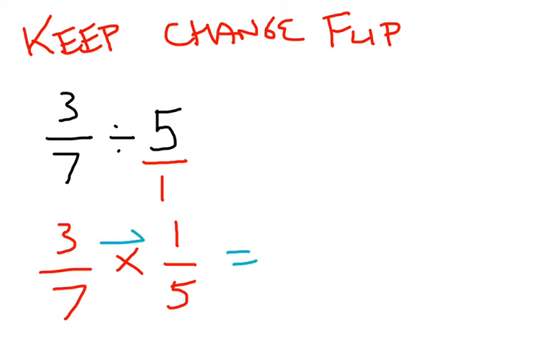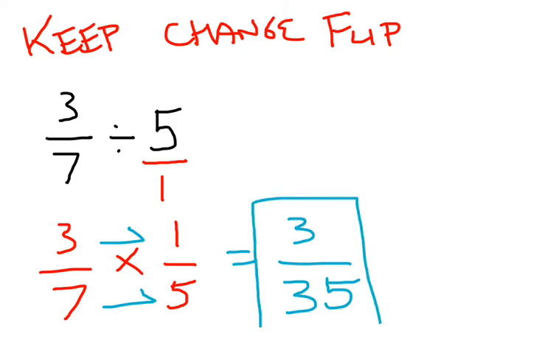I'm just going to multiply straight across because I cannot cross reduce. There are no common factors here. 3 times 1 is 3. 7 times 5 is 35. I'm going to check that 3 and 35 do not share any common factors, and they do not. So 3 over 35 is my final answer.